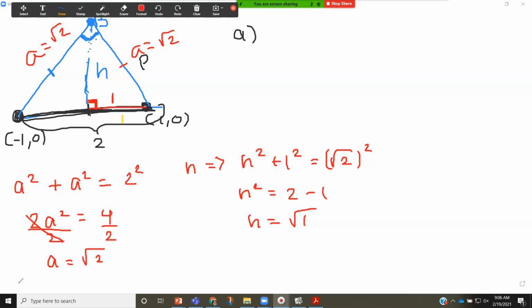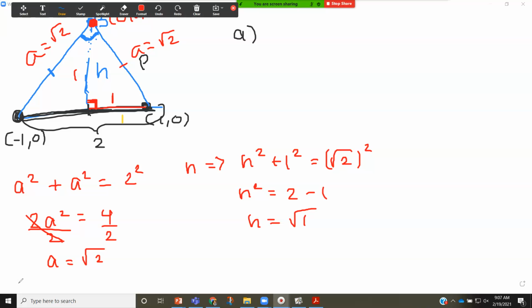So you get h equals the square root of 1, meaning the height of this triangle is 1. So that makes this point here (0, 1).